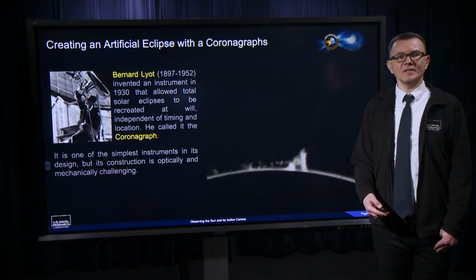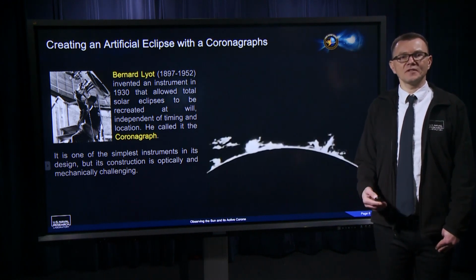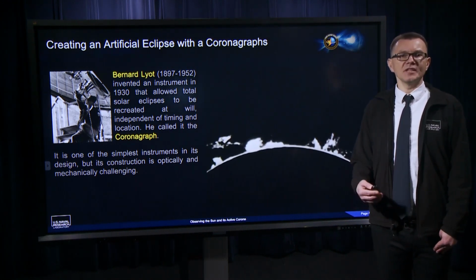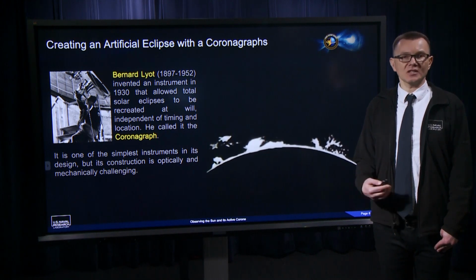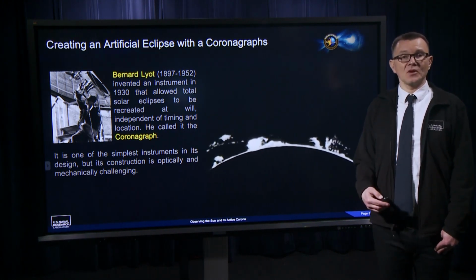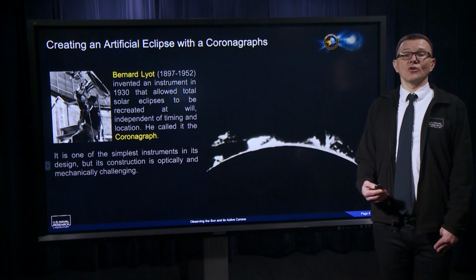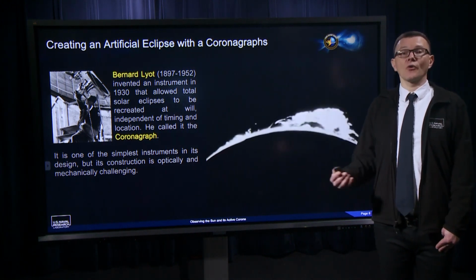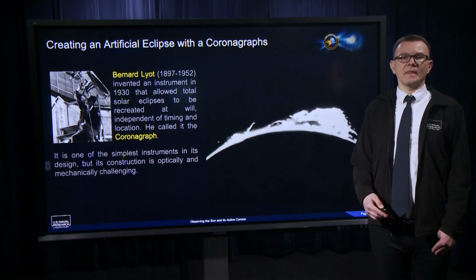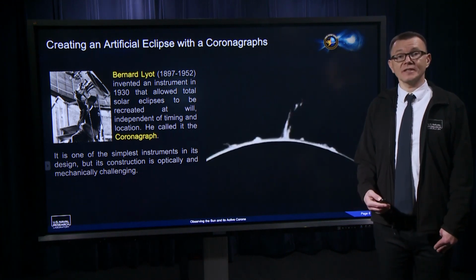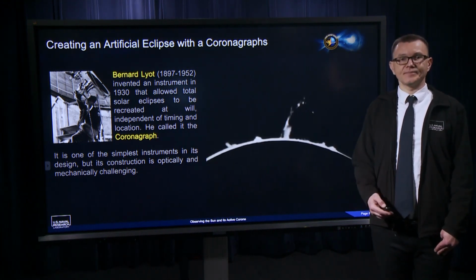In 1930, Bernard Lyot, a French physicist, invented an instrument that could create an artificial eclipse of the Sun. For the first time, this allowed the observation of the corona for hours instead of a few minutes. These observations revealed that the corona is active.